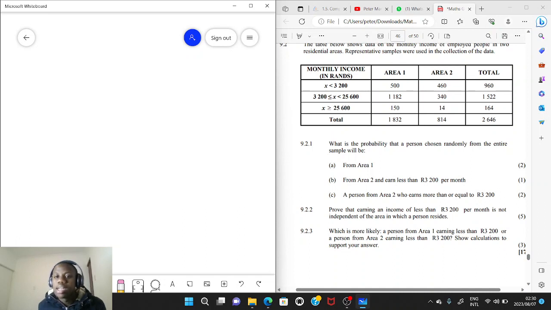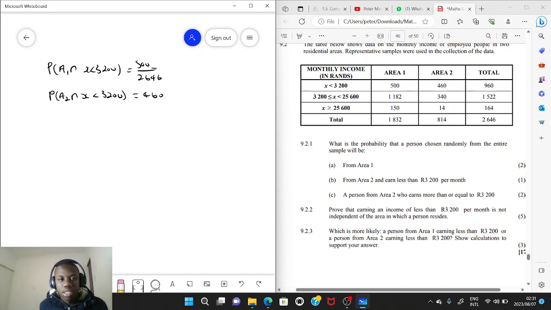So we consider an income of less than 3.2. Looking at area 1, that will have 500 all over 2646, and an income of less than 3.2 where the person resides in area 2 will have 460 all over 2646.